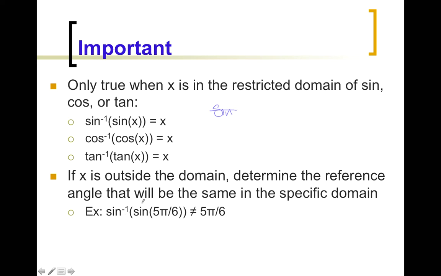Sine inverse of the sine of 5 pi over 6 does not equal 5 pi over 6 because 5 pi over 6 is not in the restricted domain. If you think of your unit circle, you're only allowed quadrants 1 and 4 for sine and sine inverse. However, 5 pi over 6 is over here.